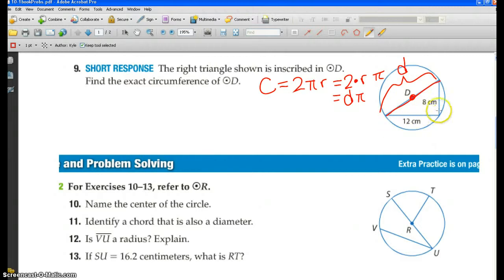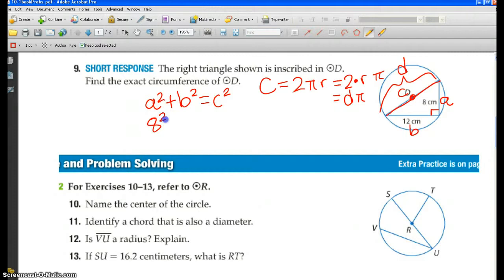Well, we know that we would have a right triangle here, so a right angle. My legs are A and B. My hypotenuse is C. Using the Pythagorean theorem, a squared plus b squared equals c squared.